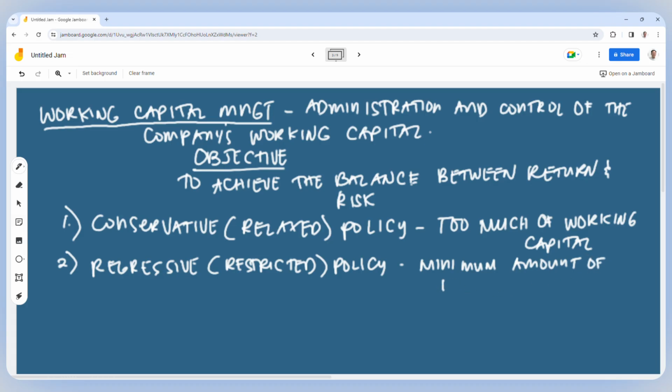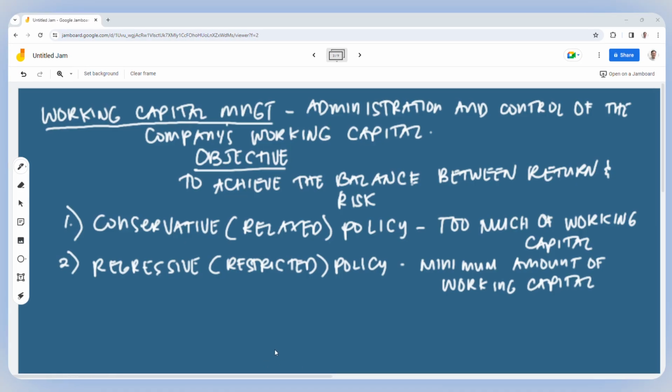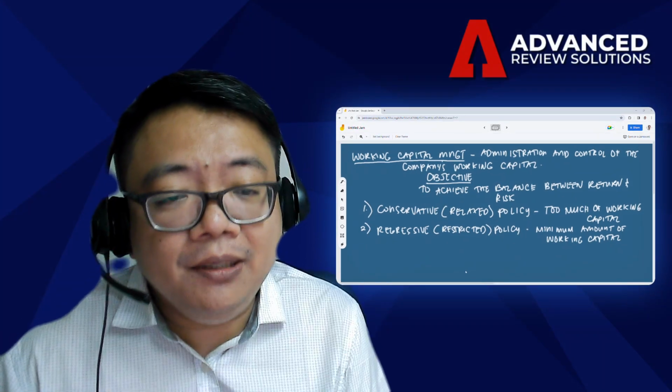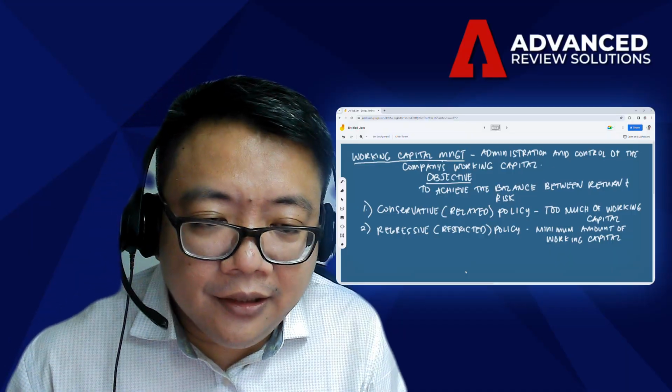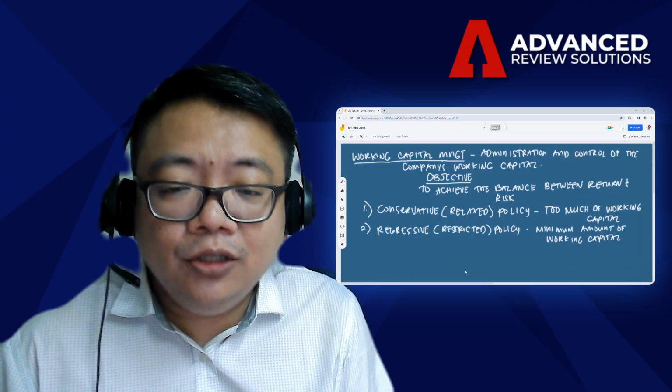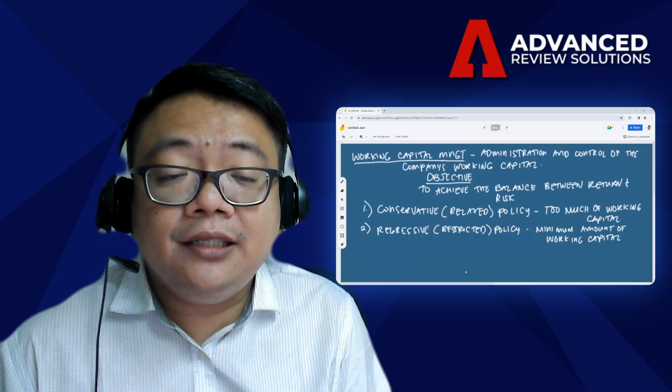Kung ang conservative ay madaming working capital, ito naman ay minimum. It uses short-term liabilities to finance not only temporary but also part of the permanent current requirements. In the CPA board exam, class, ito lang naman ay mga definitions of terms, baka lang ibigay, about the conservative or relaxed, and also your regressive or restricted policy.